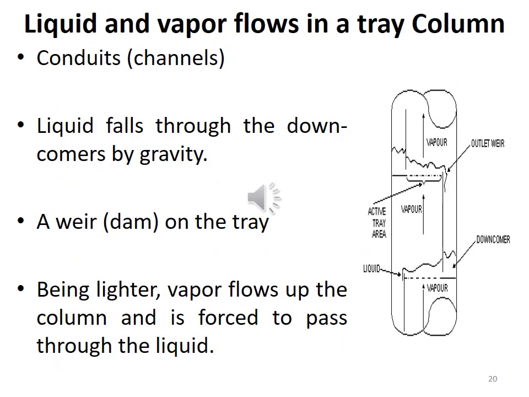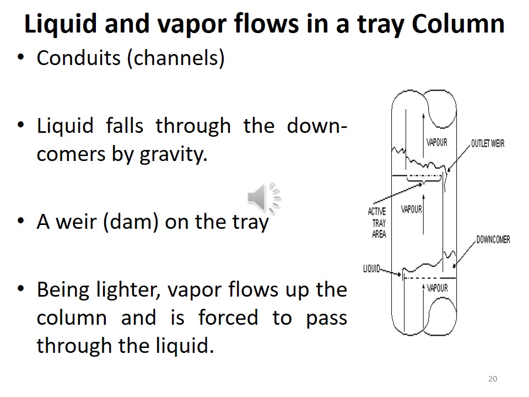Each tray has two conduits, two channels, one on each side, called downcomers. Liquid falls through the downcomer by the action of gravity from one tray to the one below it. A weir, which is a small dam, a small reservoir on the tray, ensures that there is always some liquid held up on the tray, and is designed such that the hold up is at a suitable height.